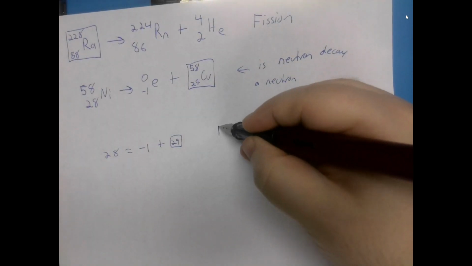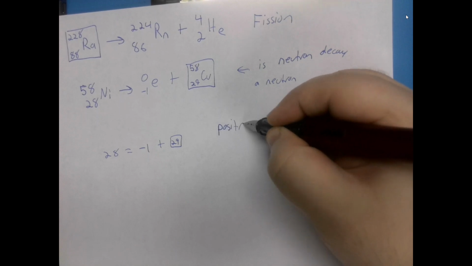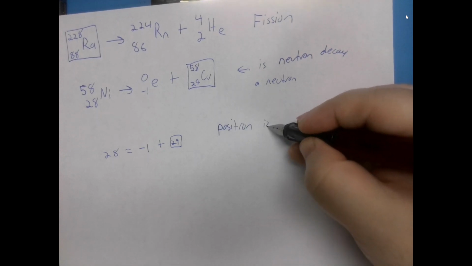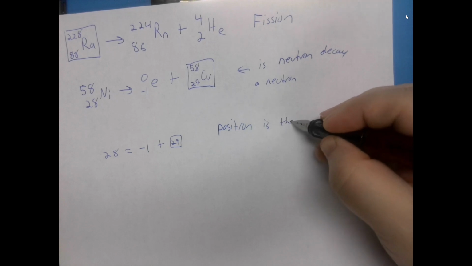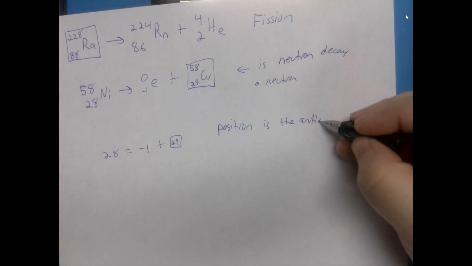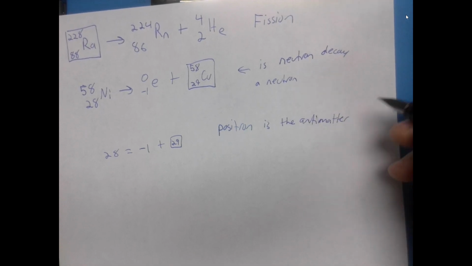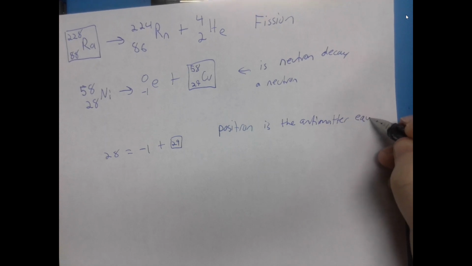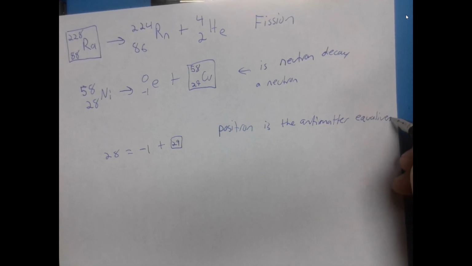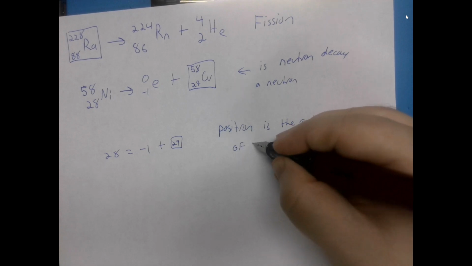There's another one. A positron is the antimatter equivalent of an electron.